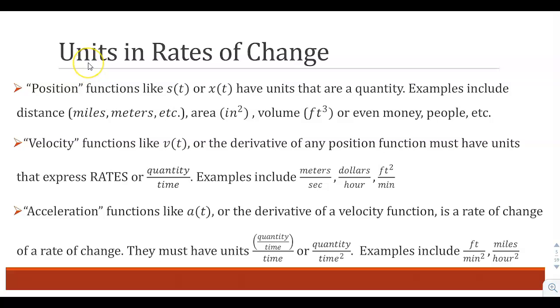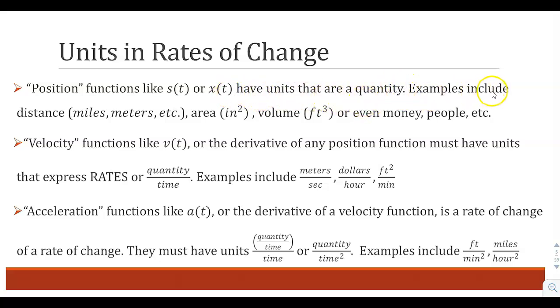And now we're going to take a look at what are some of the units in rates of change. A lot of times units can really save us and help us understand what's going on in a problem, what we've been given, what we're being asked for. So a position function like s of t or x of t have units that are a quantity.